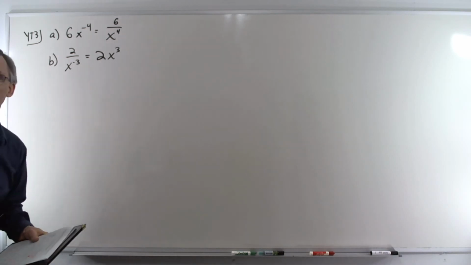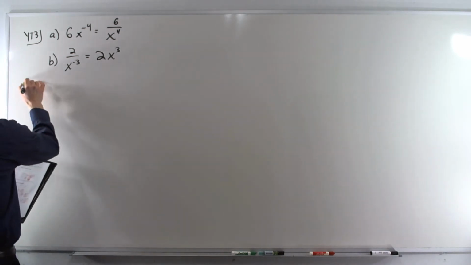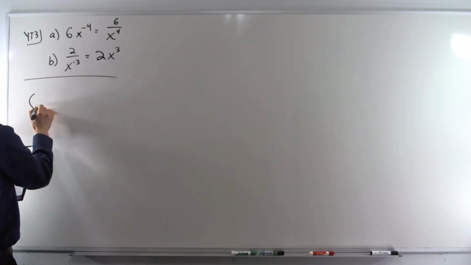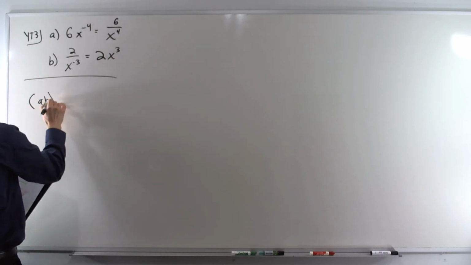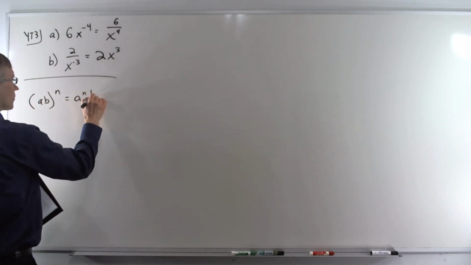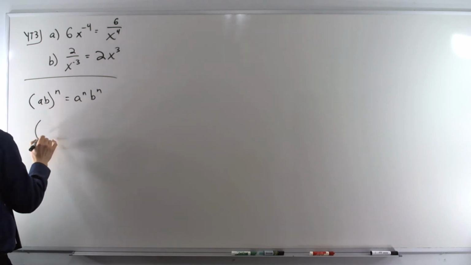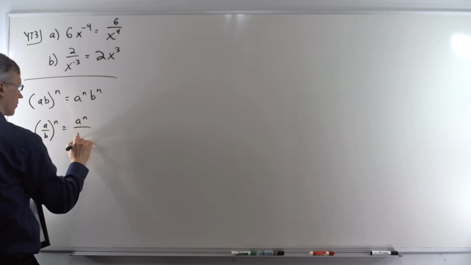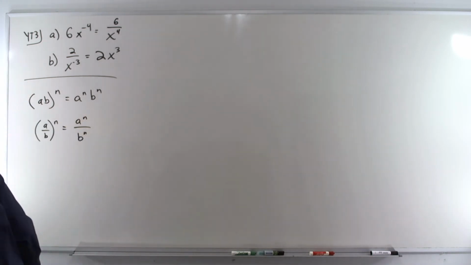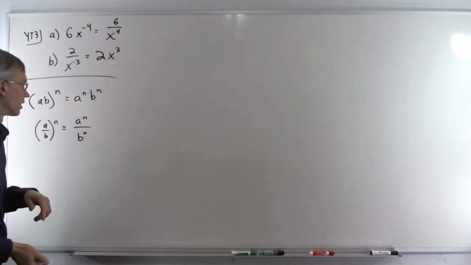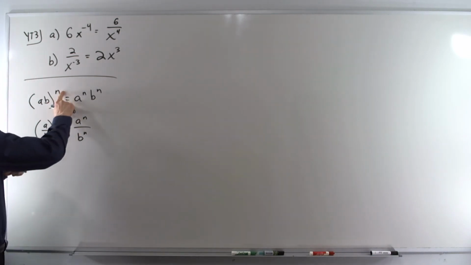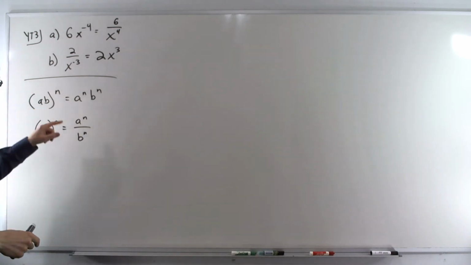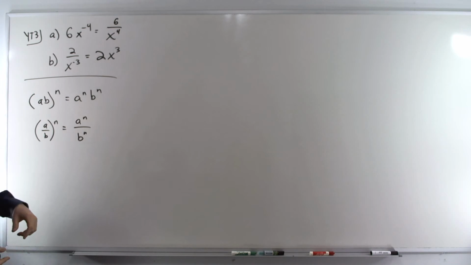We've got 2 more power rules. These will come up all the time. I'm going to call these power rules B. In words, what's going on here is if we have an exponent on some expression inside parentheses, we have to apply that exponent to every factor inside the parentheses.